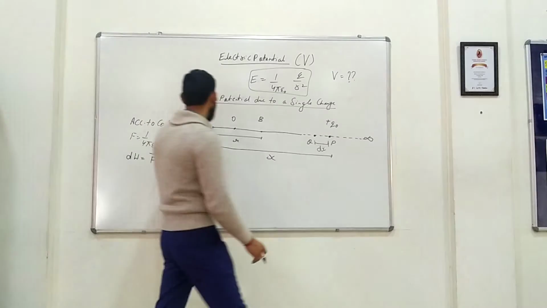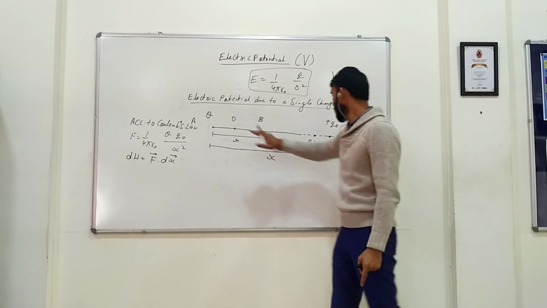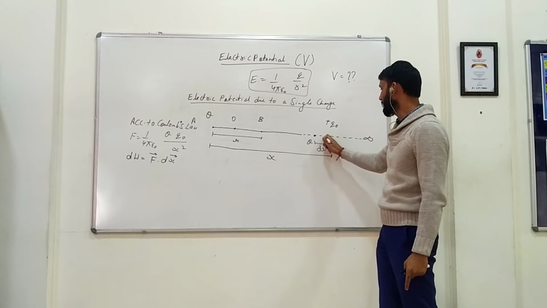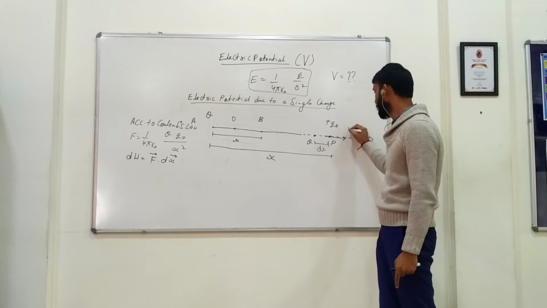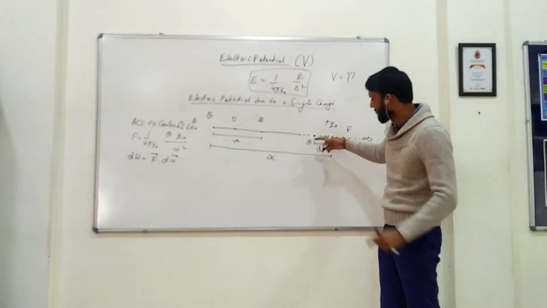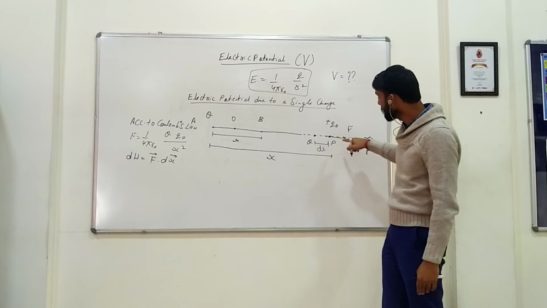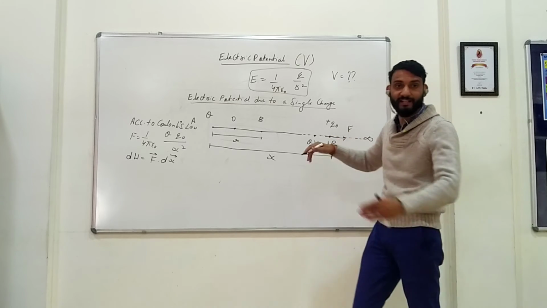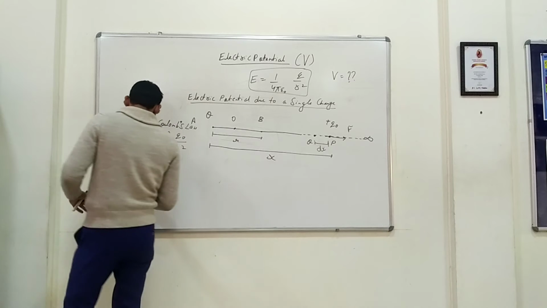As we all know, this charge is a positive charge and this charge is a positive charge, so the force will be acting in this direction. The direction of the force will be like this, but the displacement will be in this direction. So the force and displacement are in opposite directions.